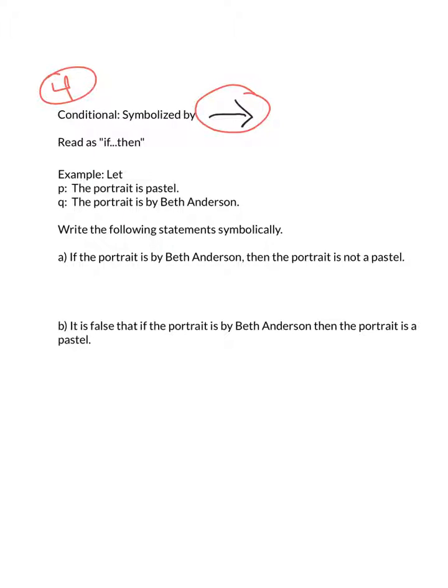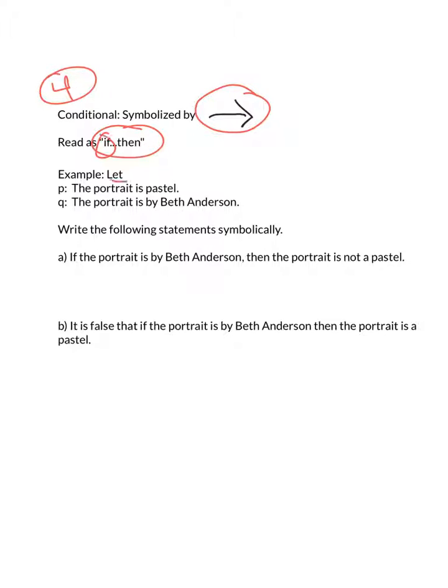This time the arrow is pointing to the right. We read this out loud as if then. If you only see the word if, you're going to treat it as an if then as well. So if or if then means you use this arrow pointing to the right. The if portion will go to the left-hand side of the arrow, and whatever's in the then part of the sentence will go to the right-hand side of this arrow.